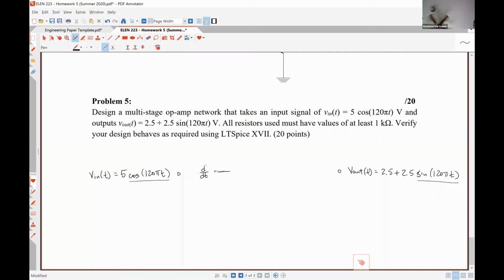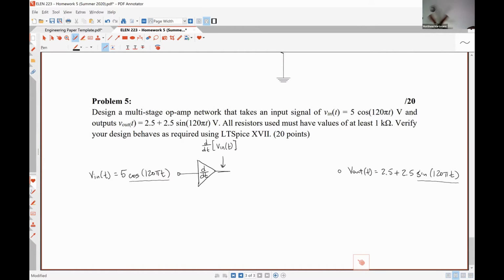All right, and so this signal here then is going to be the time derivative of Vn of t. And that differentiator is also going to have some scaling that goes along with it, right?